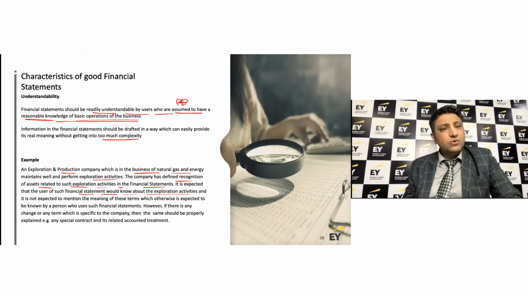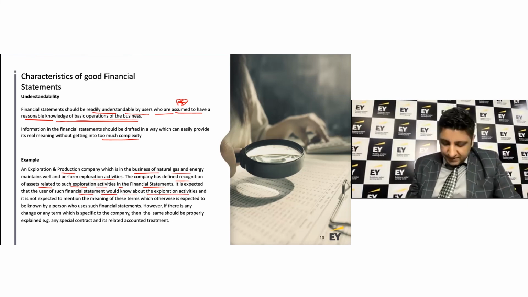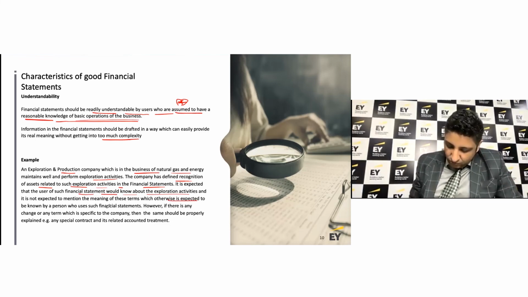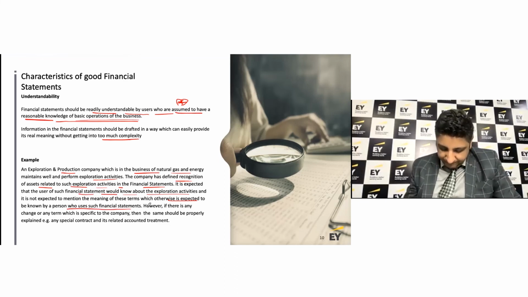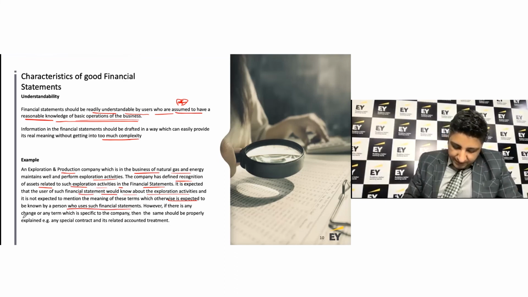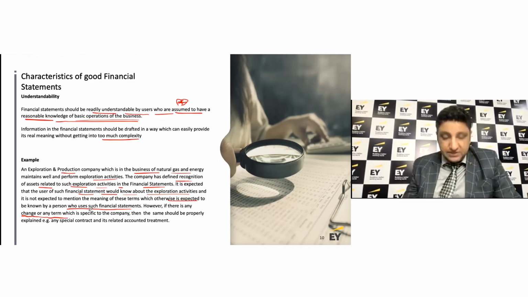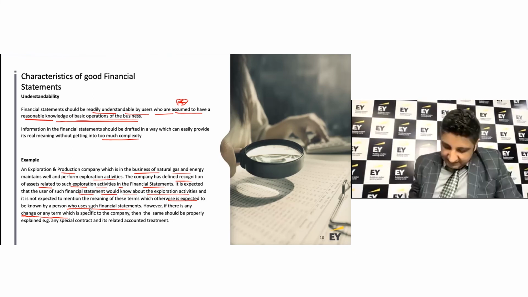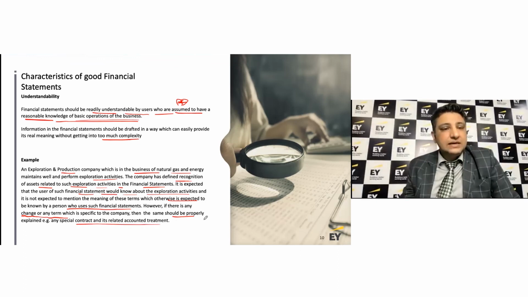If you want to give them, that could be a question to argue, but you're not supposed to, because the people are expected to understand these already. Okay. However, importantly, if there is a different term or a change in any term being used, then in those cases, they need to be disclosed or explained correctly.